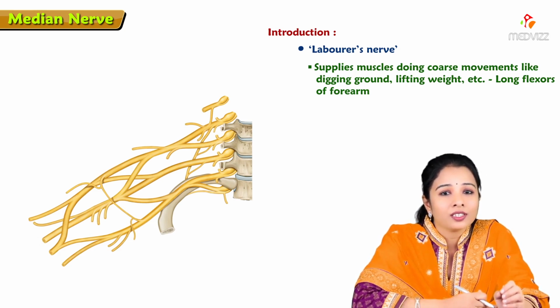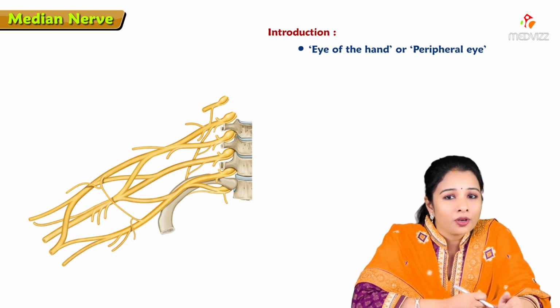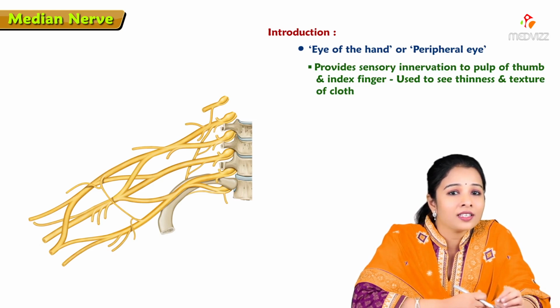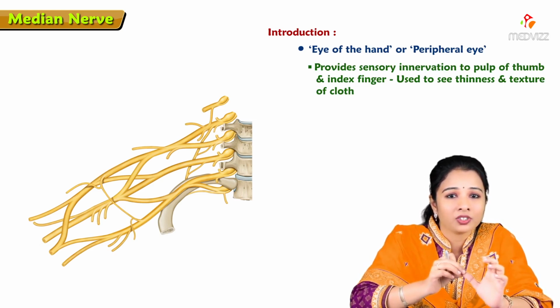It is also termed as eye of the hand or peripheral eye because it provides a sensory innervation to the pulp of the thumb, means the tip of the thumb, which is called pulp.